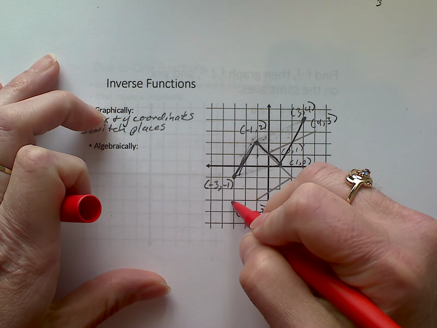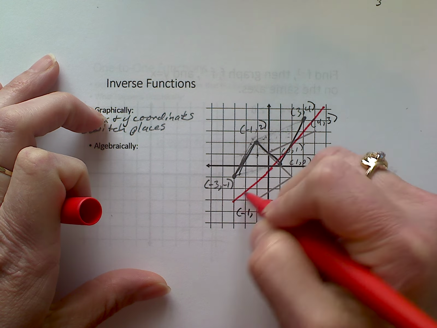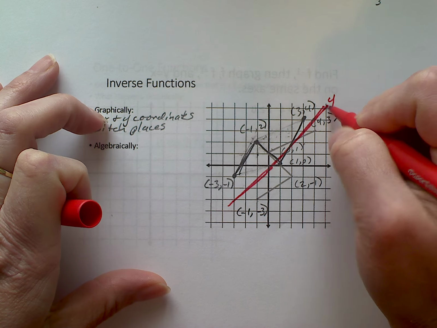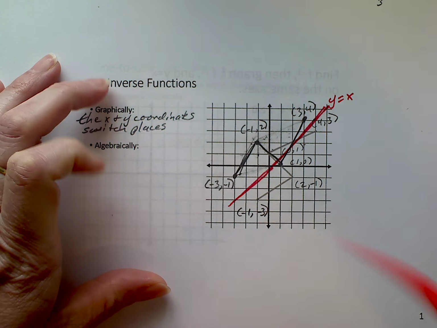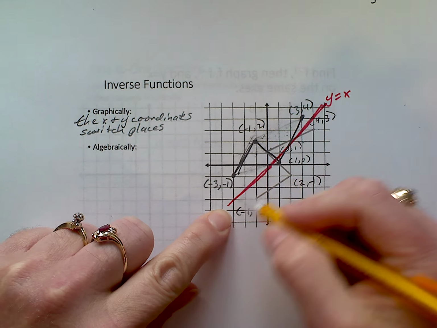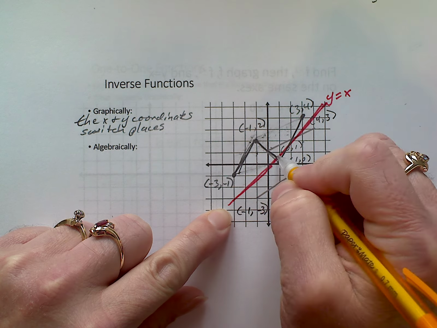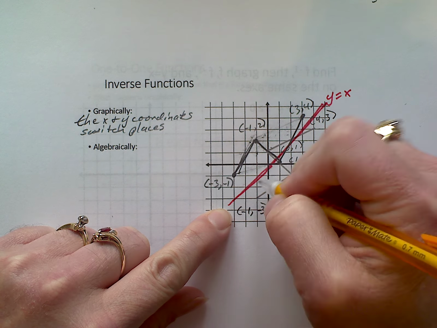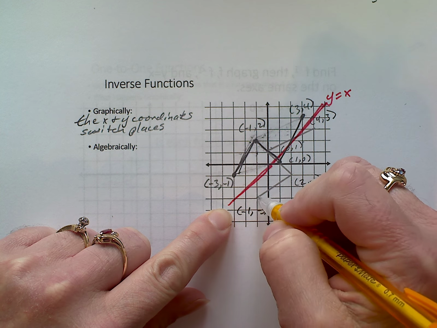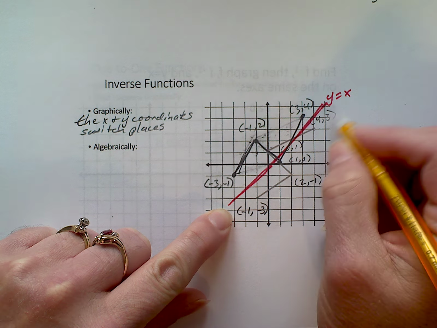What's also happening here is I have this line. If I had more time in my day, I would just redo this, but I do this on the board all the time, so here's my line y equals x. What's also happening is that this inverse is a reflection of the original over the line y equals x.